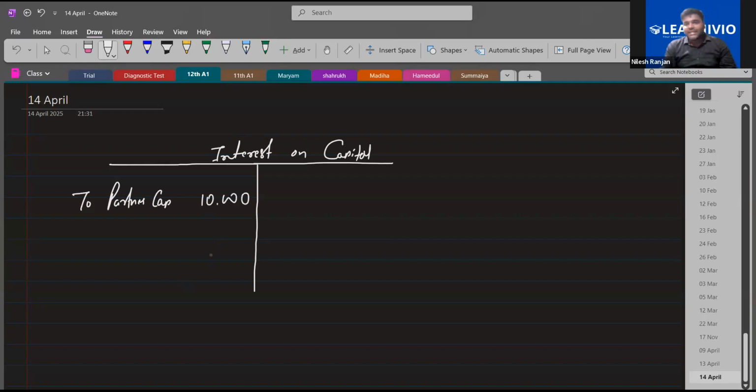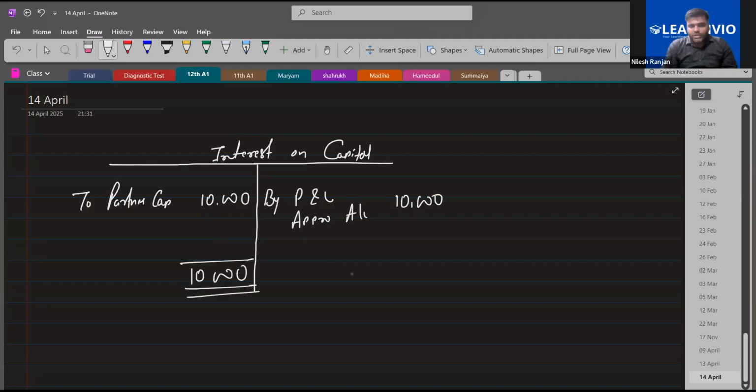Now, to close any account, there should be no balance in that account. That's why on the credit side also you have to write 10,000. So it will be by profit and loss appropriation account so that this account can be closed. Now there is no balance. Both side totals will be equal. So this is called closing of an account.